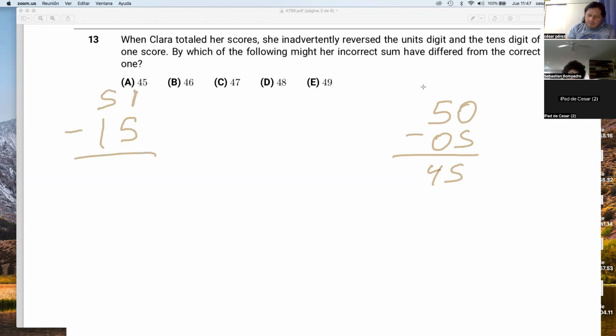Now, what is the difference here? 51 minus 15. It's 36.